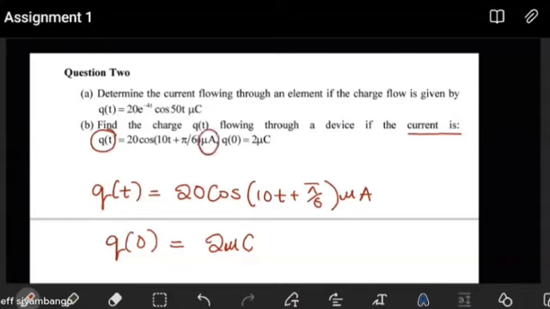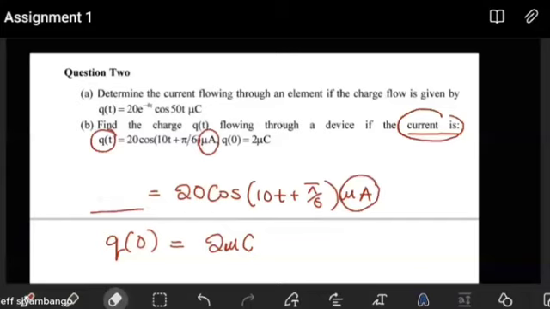So this microampere actually agrees with the statement that if the current is, this is not charge, it's the current. So what they're giving us initially here is not the charge, it's in fact the current. What we're looking for is the charge Qt. So the question says Qt there, but this is not Qt, it's IT.